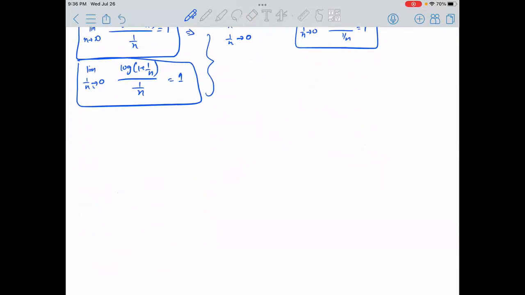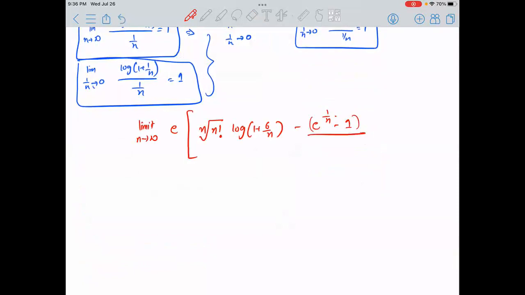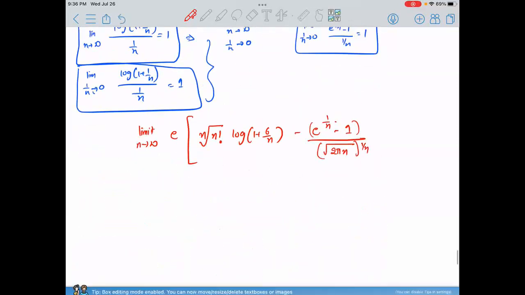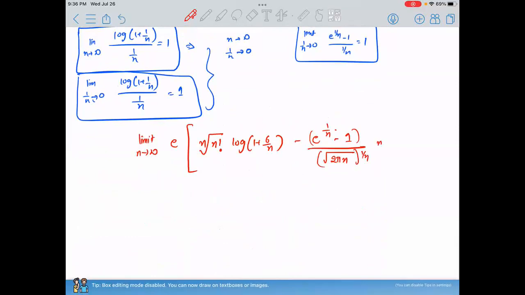So limit n tends to infinity of n root n factorial into log(1 plus 6 by n) minus e power 1 by n minus 1, divided by root 2 pi n whole power 1 by n, into nth root n factorial.